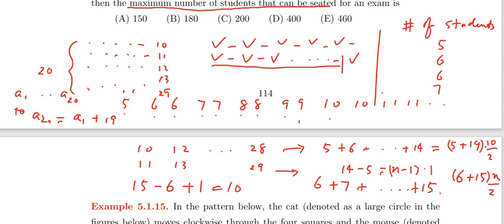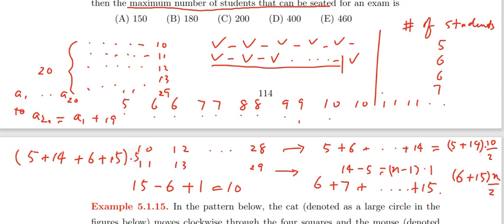So the total number of students can be 5 plus 14, multiplied by 5, plus 6 plus 15, multiplied by 5.